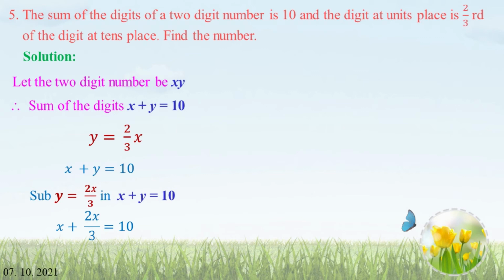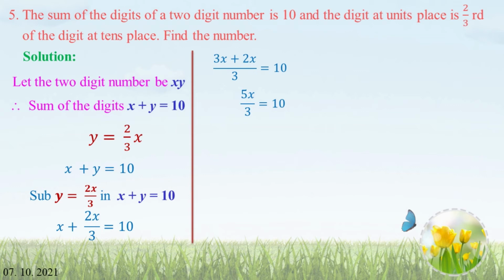Now I substitute y equals 2x/3 in the equation x plus y equals 10. x plus 2x by 3 equals 10. Now taking LCM, we get 3x plus 2x divided by 3 equals 10. 3x plus 2x is 5x. 5x divided by 3 equals 10.